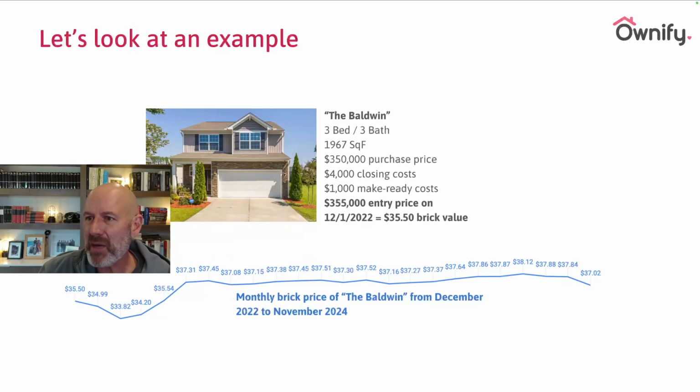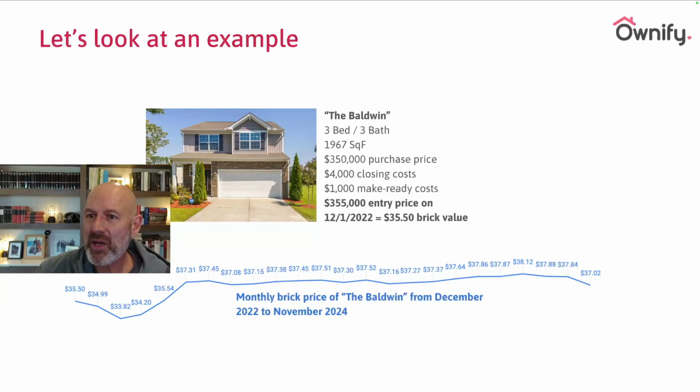And so this is the monthly brick price as it has evolved over that first 2 years from December 22 to November of 24. Now, Zach and Skylar, who live in the home, have been buying bricks every month. And so what you would expect is they're accumulating equity, and we're going to show on the next page exactly what that looks like.